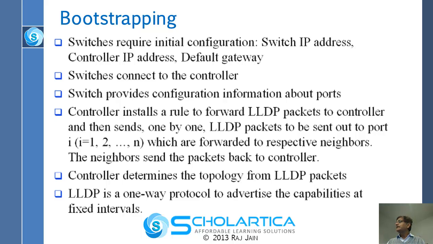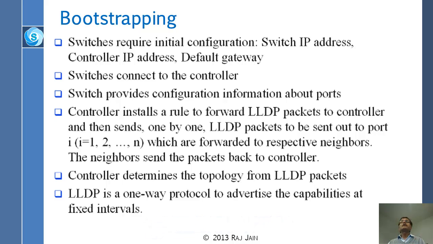And so obviously the switch does that. Now the neighbors have the same rule. Neighbors have the rule of forward the packet to the controller. And so the neighbors send it to the controller. And so now it knows exactly who is connected on what port.